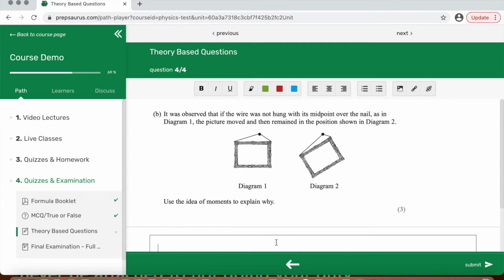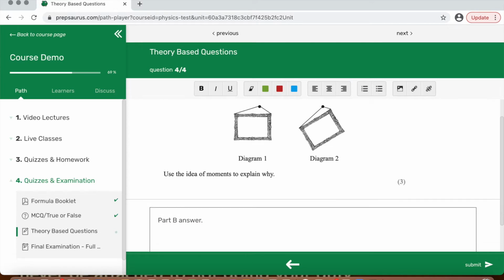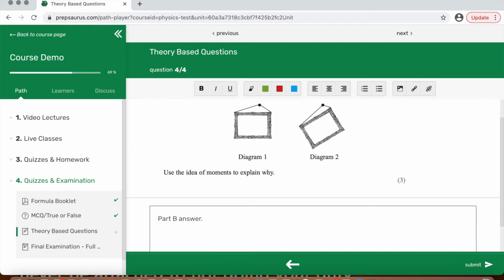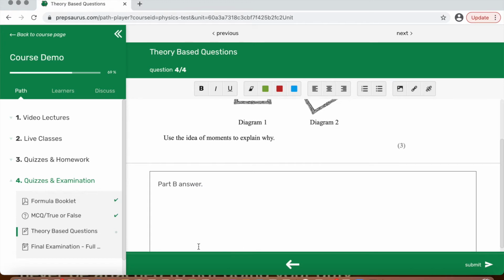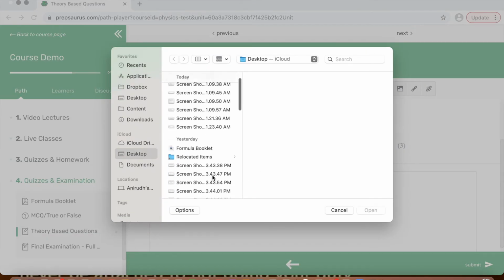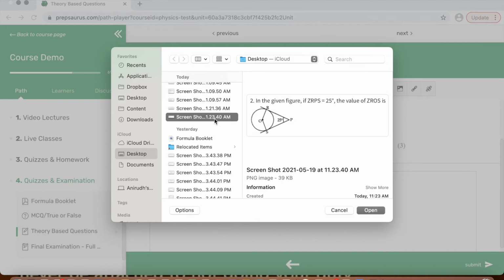Here we have part A of a question and then we have part B. In the interest of time, I'm just filling it with dummy values. Also, as you can see, you can even put links, or you can have an answer that is typed and an answer with a photo. So both the options are possible.